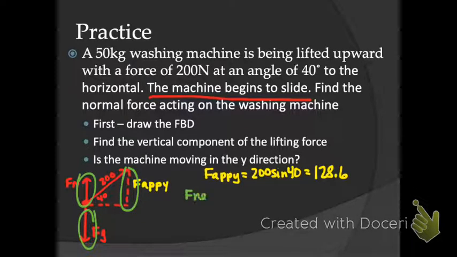So I would say F net equals, what are my upward forces here? Normal, what else? F applied Y, and then what's my downward force? Fg, right? Gravitational force. We know that normal force is what we're solving for, so I'm going to leave that alone. Fn plus F applied Y, which we know is 128.6. And then how do we know Fg?